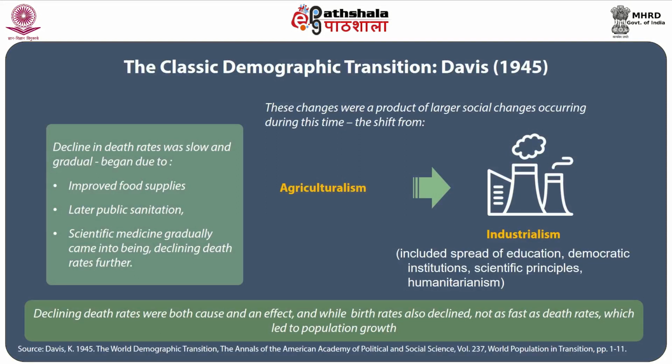The shift from agriculturalism to industrialism has been a major hallmark. It included the spread of education, democratic institutions, scientific principles, and humanitarianism. The declining death rates were both a cause and an effect. And while the birth rates also declined, they did not decline as fast as the death rates, which led to high population growth.